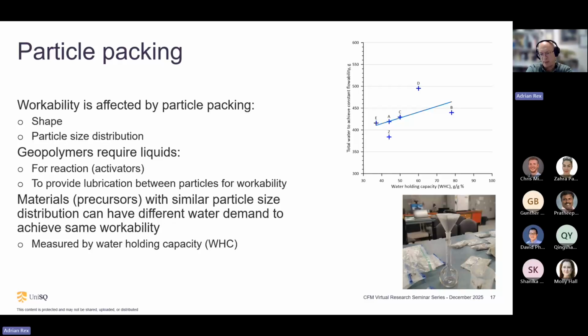Well, we developed a test from the soil people. And I haven't got the latest apparatus here, this is the Mark 1.